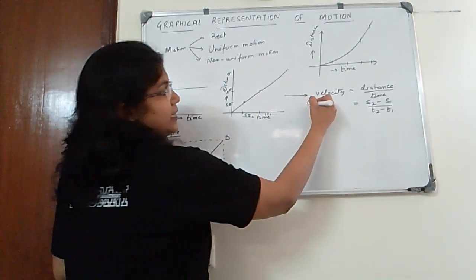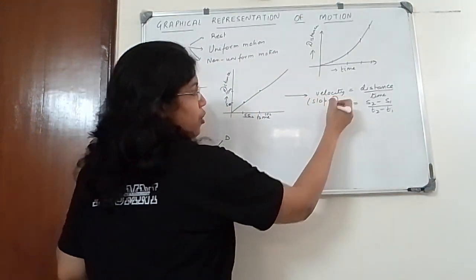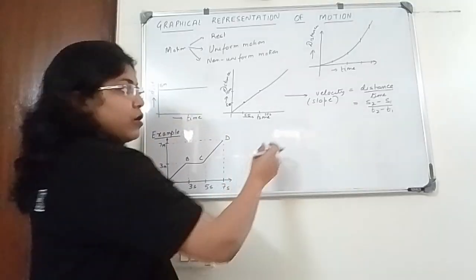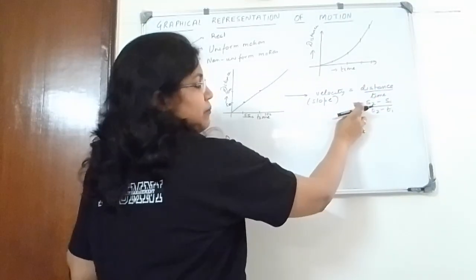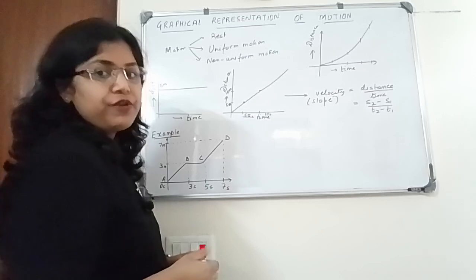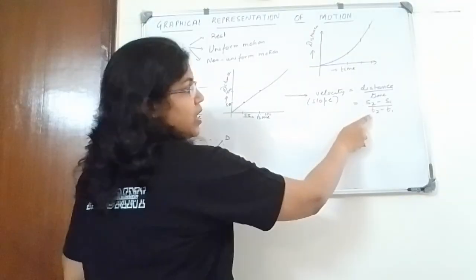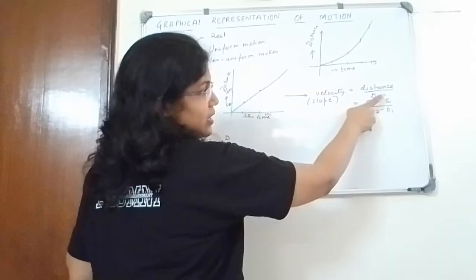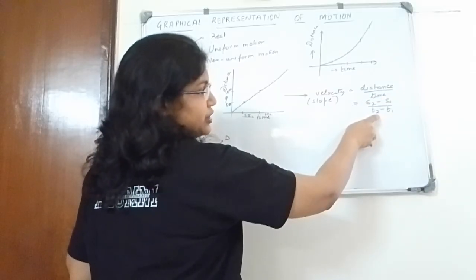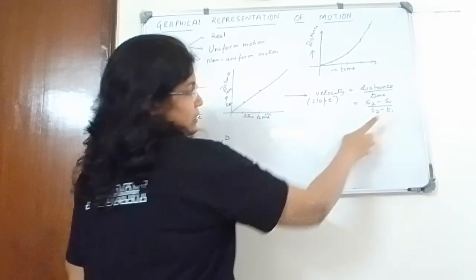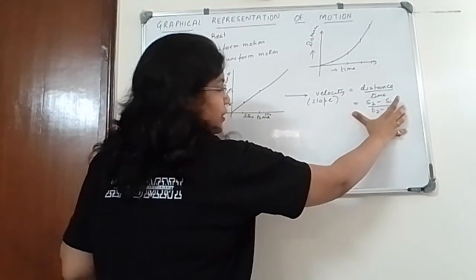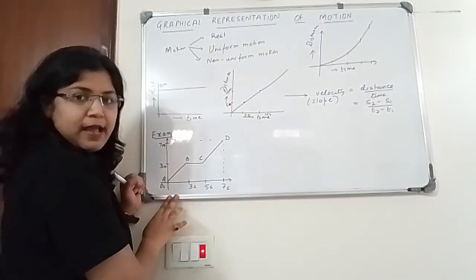So velocity is nothing but the slope. From the graph it is called slope. The word is slope. Because the graph has points, we have S2 minus S1 upon T2 minus T1, wherein S2 is the final position, S1 is the initial position, T2 is the final time, T1 is the initial time.